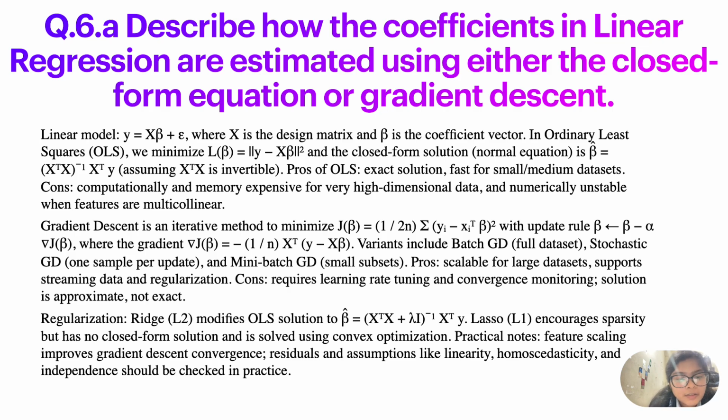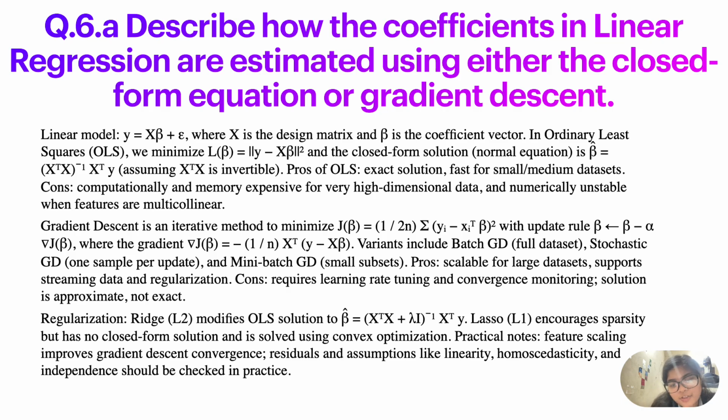While gradient descent is an iterative method that minimizes J(β) = 1/2n times the sum of the squares of each predicted y minus xiᵀβ, with the update rule β ← β − α times the gradient, where the gradient is calculated as −(1/n) Xᵀ(y − Xβ).